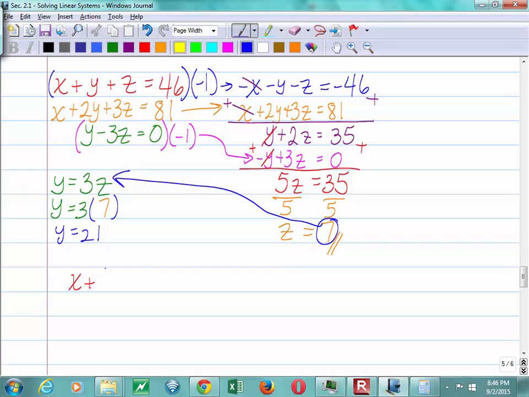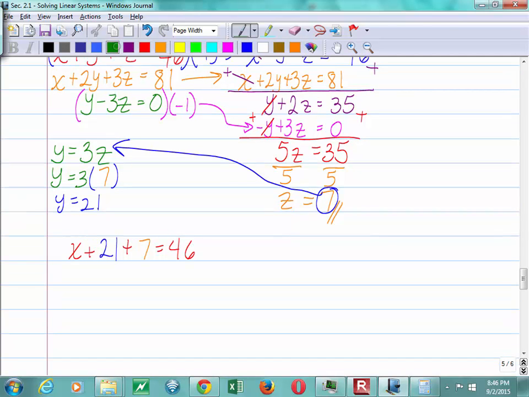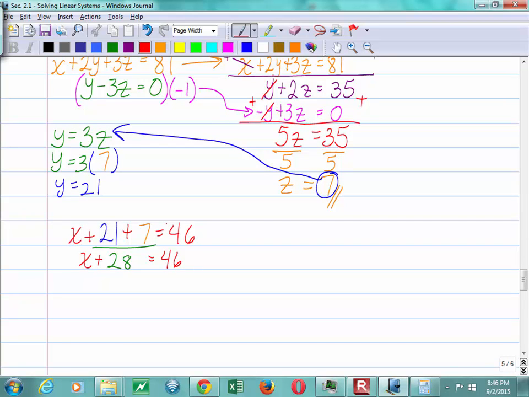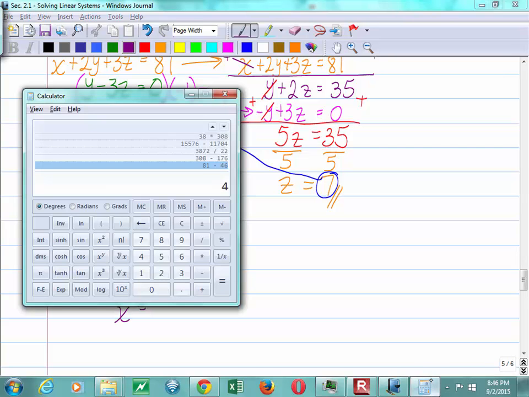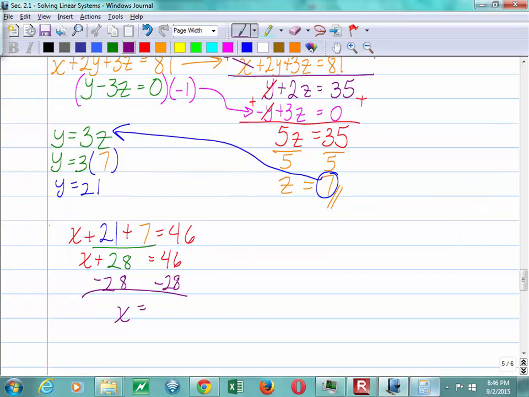So x plus 21 plus 7 is equal to 46. 21 plus 7 is 28. So I've got x plus 28 equals 46. Then I just need to subtract 28 from both sides. So that's 18.